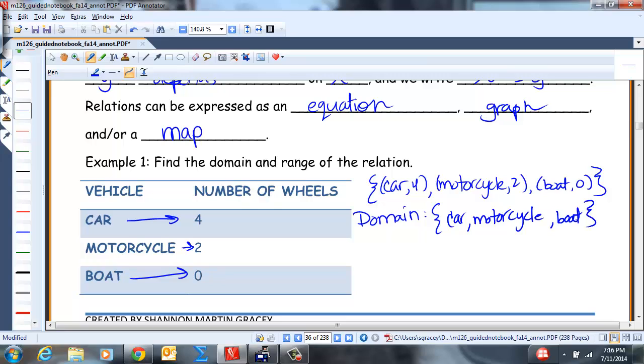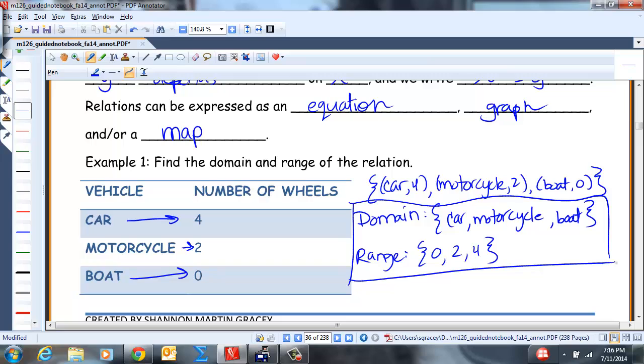And the range will be the set of all possible outputs. The outputs were the number of wheels. Putting them in ascending order, we'd have 0, 2, and 4. And there we go. We found the domain and range of this relation.